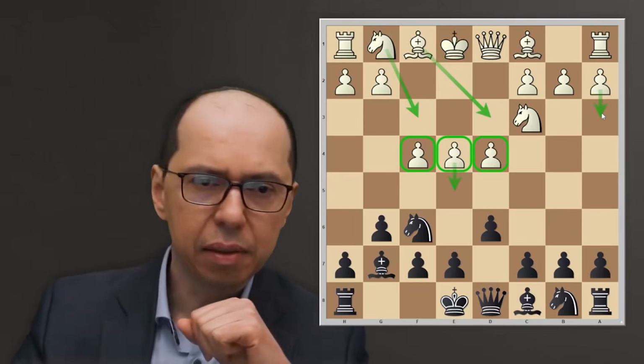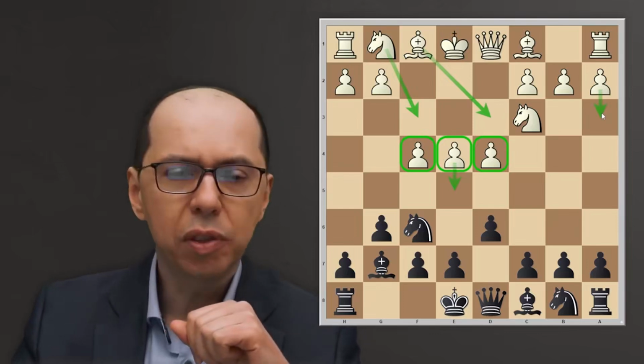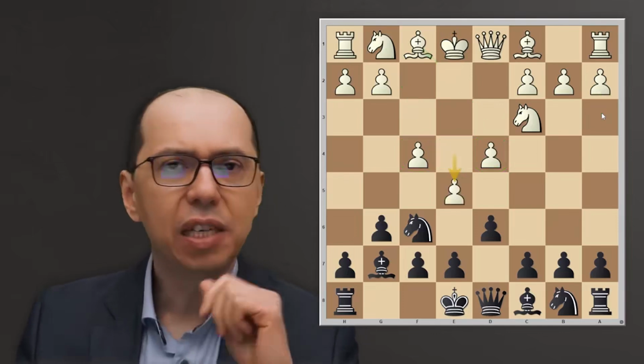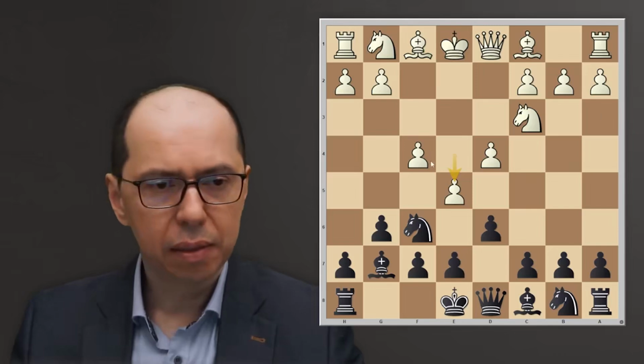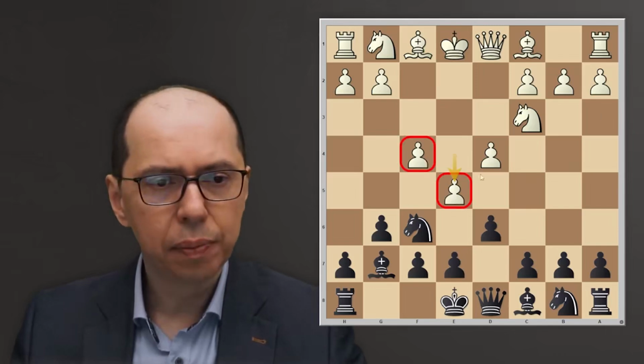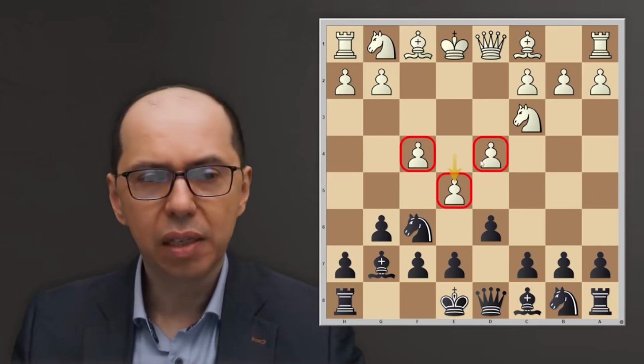So let's start from the weaker moves. e5 basically comes early. White is not yet ready to defend this pawn triangle.